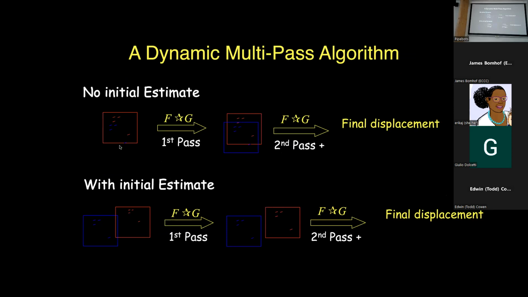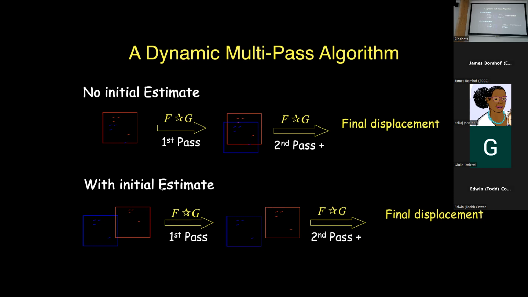If we have no initial estimates, we often work with a larger initial subwindow. From that, we get some displacement. Maybe that's a 64 by 64 or even larger subwindow. We get some initial displacement, 12 pixels. We then feed that at the subwindow level into a next pass so that every subwindow has its own unique displacement. And we can continue down that set of passes. We can enhance the resolution and work our way to a final displacement.